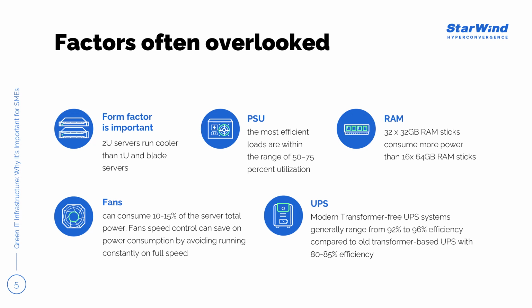Correspondingly, such servers will most likely heat up more easily and require fans to run faster and consume more power. On the other hand, the 2U form factor has better airflow, which results in lower temperatures and more efficient cooling. Plus, the 2U form factor has larger heat sinks.